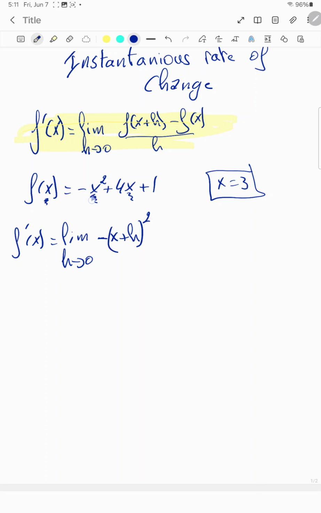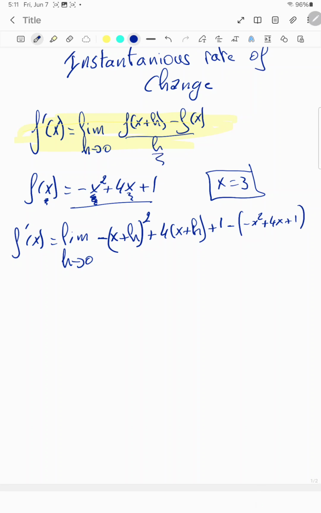I replace that x by x plus h, and because that x is squared, I put it to the power of 2. Plus 4 times x plus h, I replace the x by x plus h, plus 1, minus, and I open my parentheses, my f of x, which is here, minus x squared plus 4x plus 1.